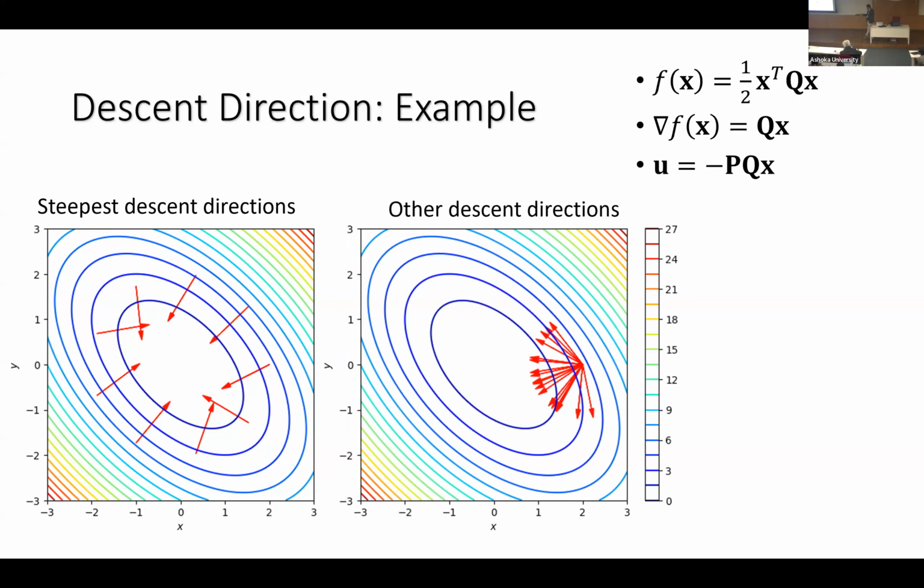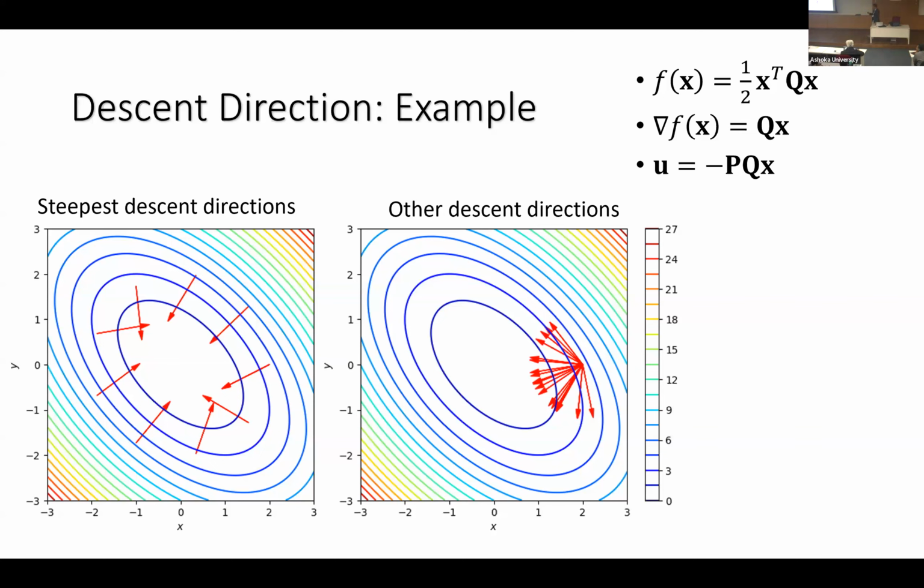By the way, in this plot, the blue line denotes the points where the function takes a constant value. This is a contour plot. So the blue, red or green lines denote values where the function takes a constant value. As you can see here, this is along the third blue line, so all these descent directions are taking it to either the second blue line or closer to the second blue line.